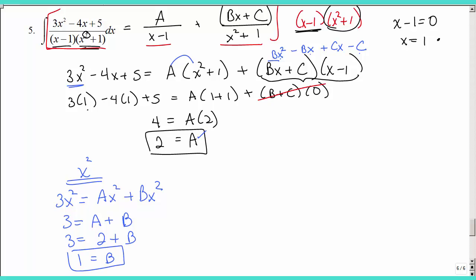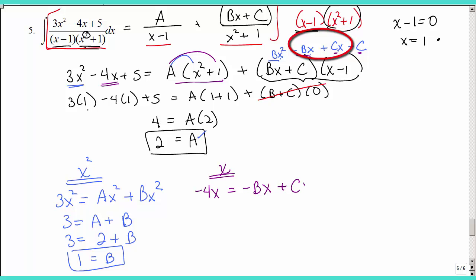Okay, so now I still need C. So I either need to pick the x's or the constants. Okay, if I pick the x's, on the left I have negative 4x. There's no x's with A's, but I have a negative Bx and a Cx. So that's negative 4 equals negative B plus C. That's okay. I now know what B is.